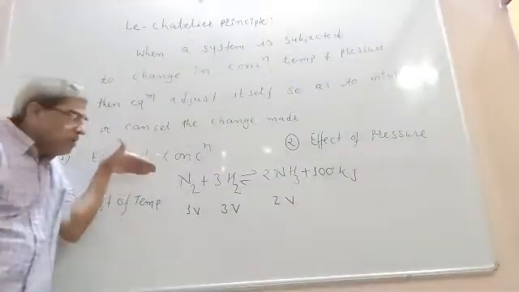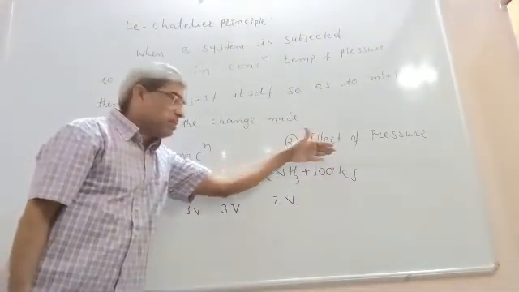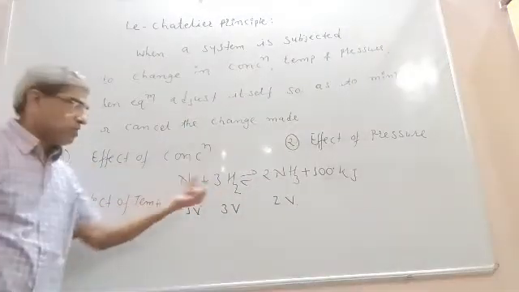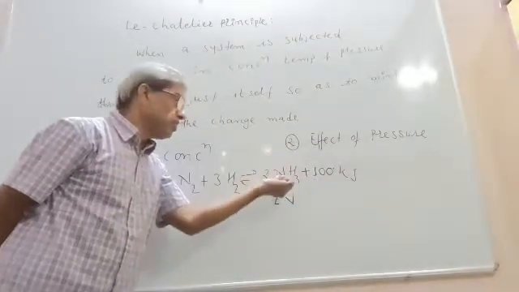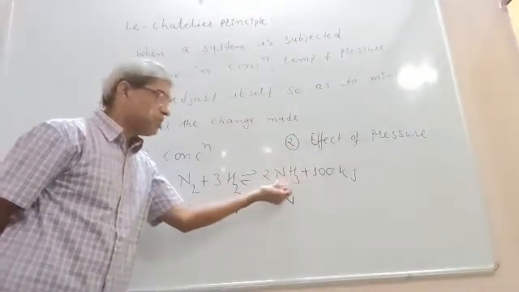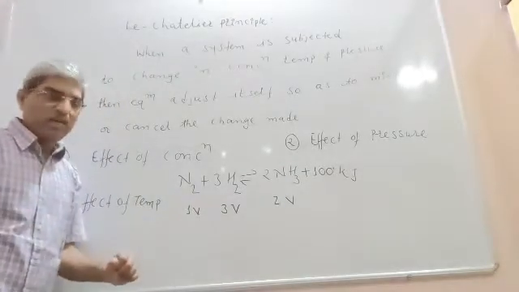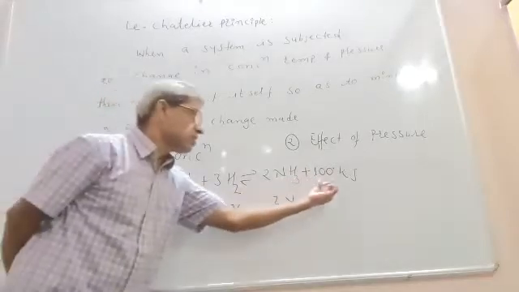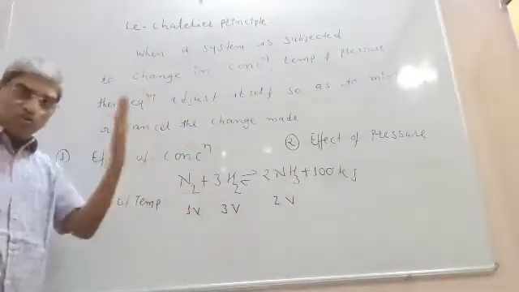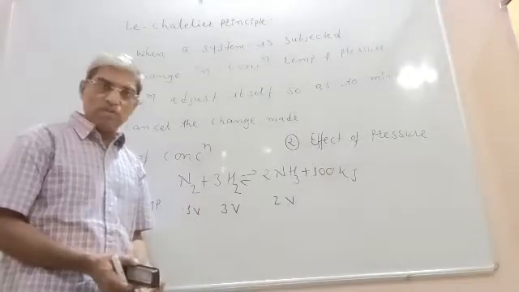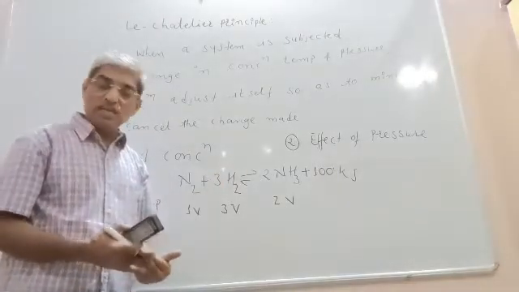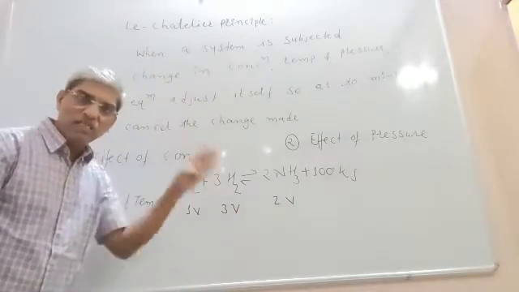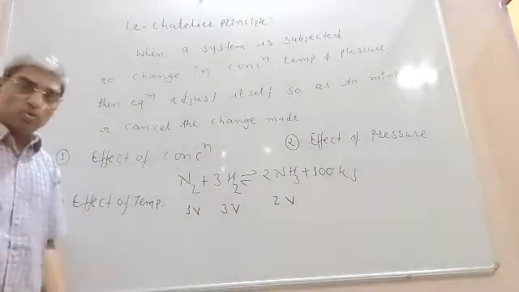Now listen carefully, the forward reaction is an exothermic reaction and the backward reaction is an endothermic reaction, because 100 kilojoule of heat is evolved during the formation of ammonia. Means formation of ammonia is exothermic, while the backward reaction, decomposition of ammonia, is endothermic, because this much amount of heat is absorbed. As we know, evolution of heat is exothermic and absorption of heat energy is endothermic. Means formation of ammonia is exothermic and decomposition of ammonia is endothermic.